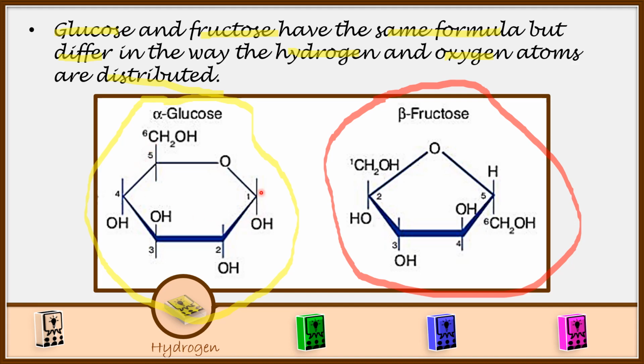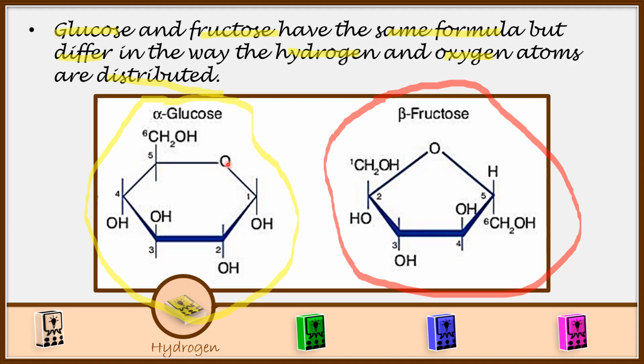For example, if you look here on carbon atom 1, it has the hydroxyl, it has hydrogen here, and here it is connected to another carbon, and here it is connected to oxygen.